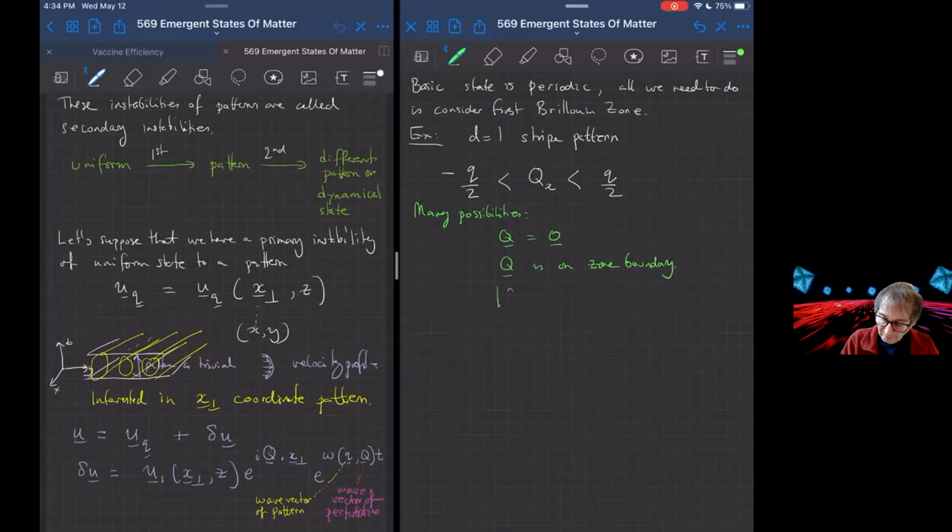And you could have the absolute value of Q much less than the absolute value of the pattern wave vector q. So in other words, you're looking at a long wavelength perturbation. Or you could have something like Q is incommensurate with little q.